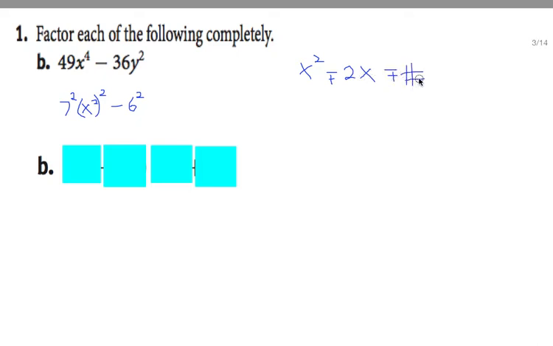So you have your first term, your last term, and then the middle term. Well, notice this just has 2 terms.